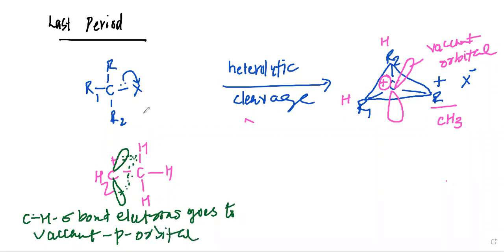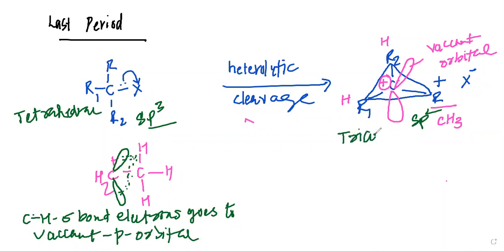We have even seen that there was an sp3 hybridization here, which was a tetrahedral shape, that has turned to sp2, and it becomes trigonal planar.